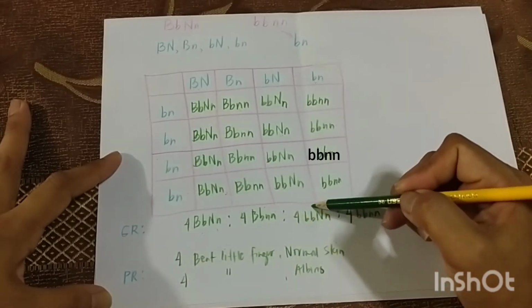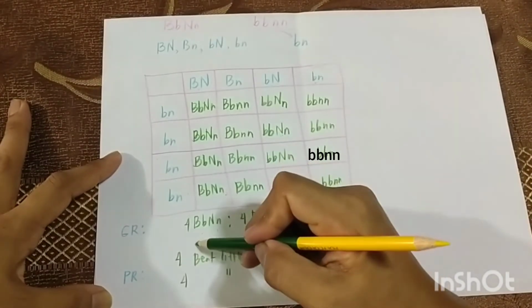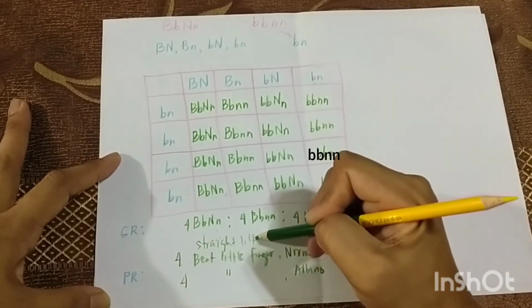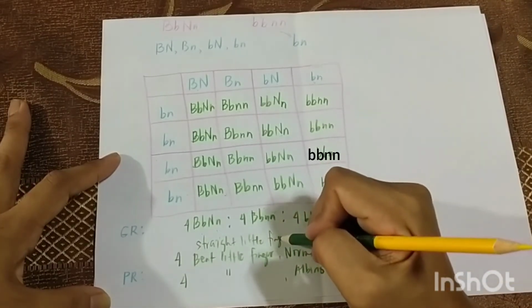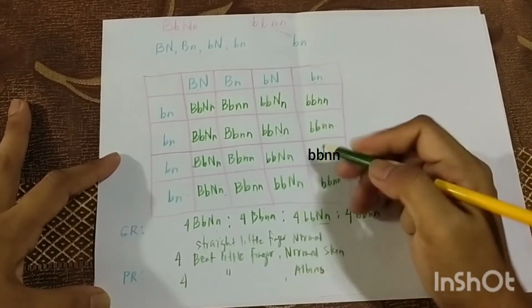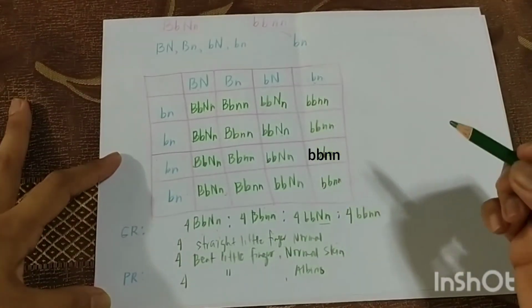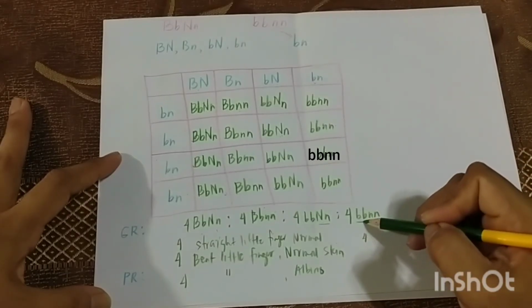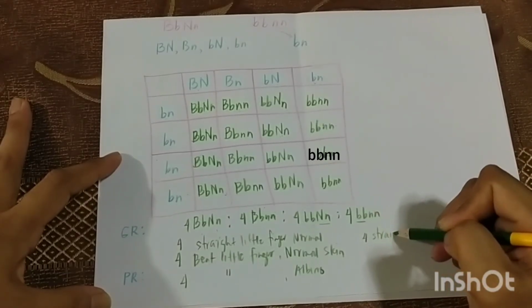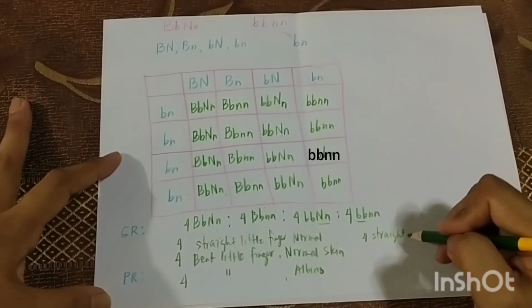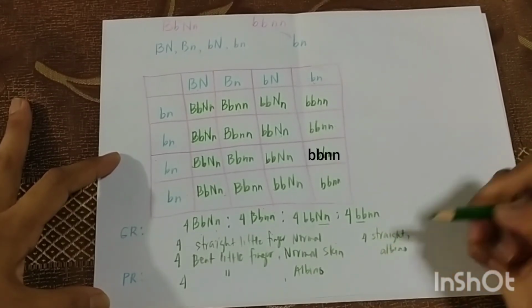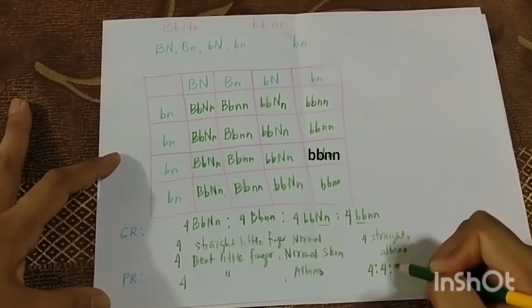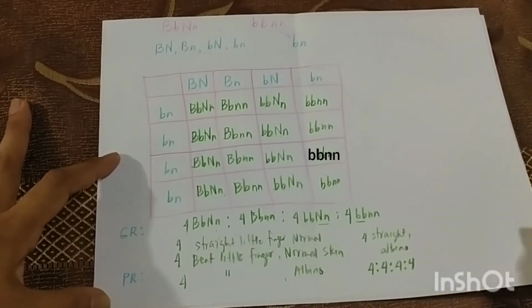Then straight little finger, normal. We have 4. And we have 4 straight little finger, albino. Therefore, for our phenotypic ratio, we have 4 is to 4 is to 4 is to 4.